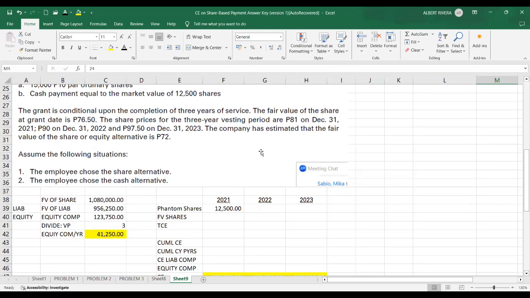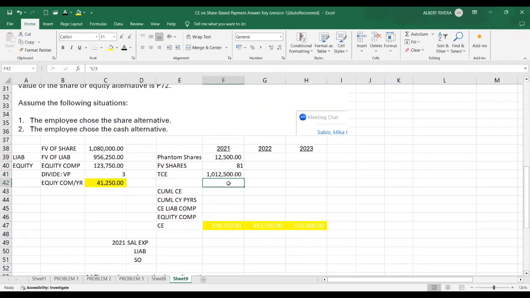So that is now for 2021, this is 81. This is now the total compensation expense, times 1/3 because this is just the first year, and the cumulative compensation expense here is 337,500, minus the cumulative compensation expense for the previous years, and this is 0.